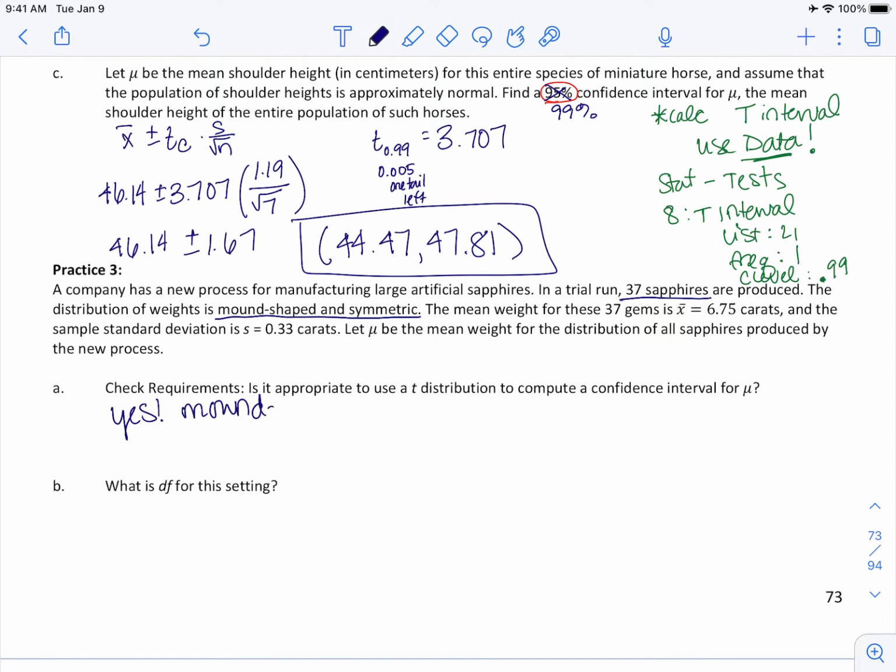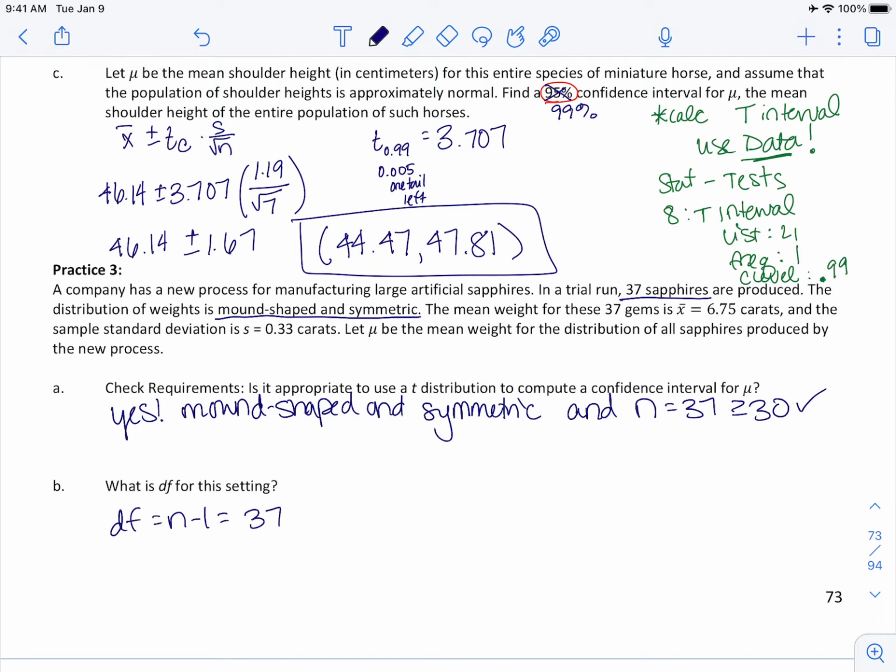We know that it's mound shaped and symmetric, and our n is equal to 37, which is greater than or equal to 30. All right, what is our degrees of freedom? So degrees of freedom, remember, is n minus 1. So 37 minus 1 is 36.